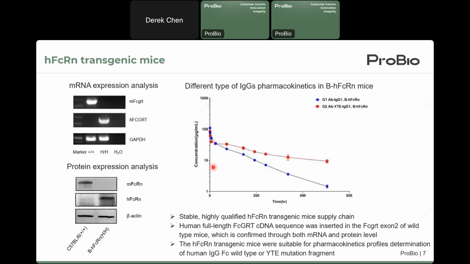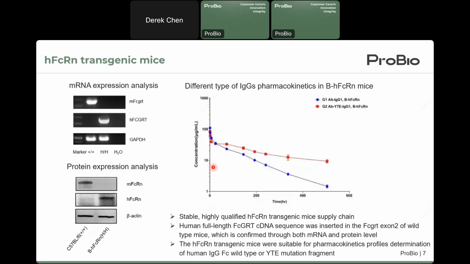In rodent-based PK studies, one of the main concerns is that the human IgG Fc from the drug does not associate with mouse FcRn, the Fc receptor, as strongly as human FcRn.